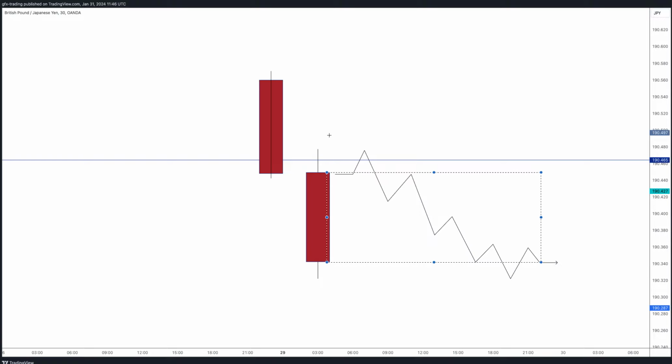Ideally we want to be able to ignore the fact that price is moving up, or at least acknowledge that it's making its own wick to the upside. 99 times out of 100 there's going to be a bearish or a bullish candlestick closure. Each and every one of those candles, bar very little, is going to close or open with a wick.